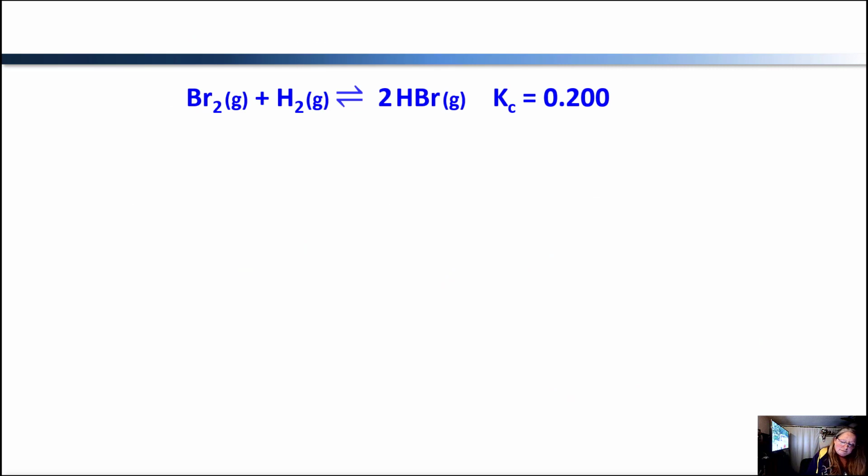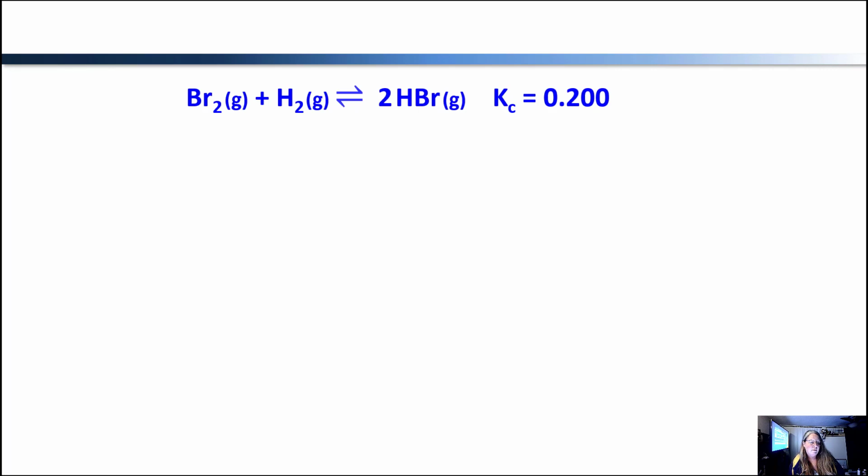So I have my ICE table then, if we're using the same moles, so we had 1 mole of everything. If you recall, everything was 1 molar. So this was 1 molar, this was 1 molar, and this was 1 molar. So this is going to be my initial concentration. It's probably the easier way to think about that.